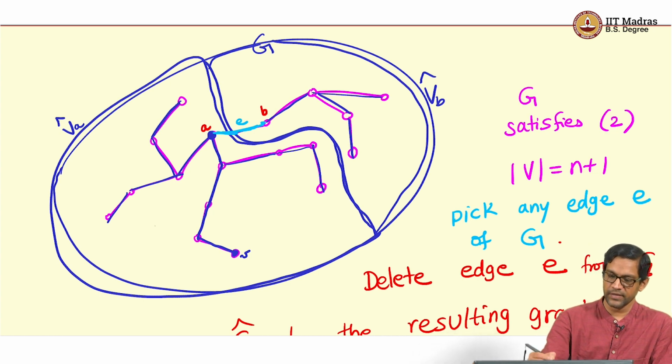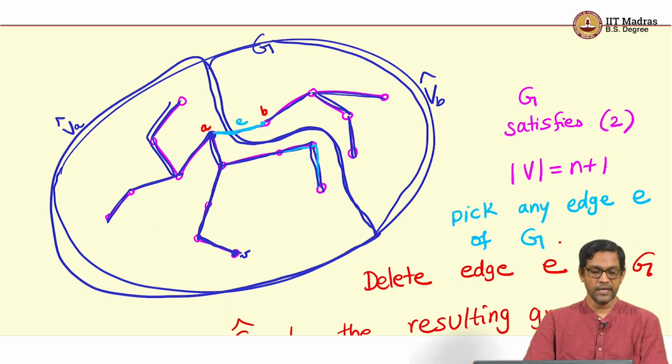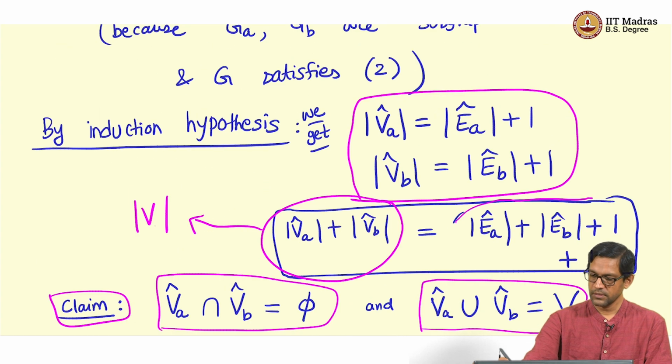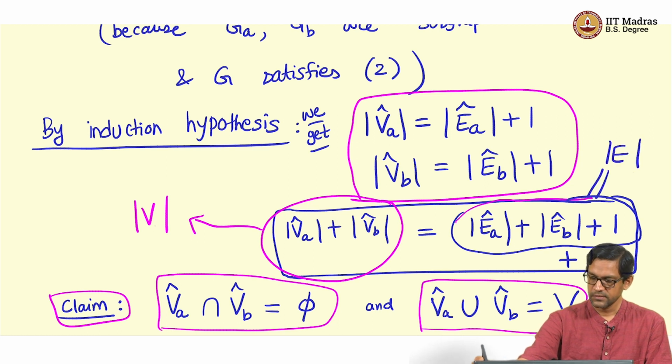The cardinality of EA hat will account for all these other edges, likewise the edges on the other side, they are all being counted by the cardinalities of EA hat and EB hat, and so we conclude that EA hat plus EB hat plus 1, this one extra edge, will be exactly the cardinality of E. Okay.